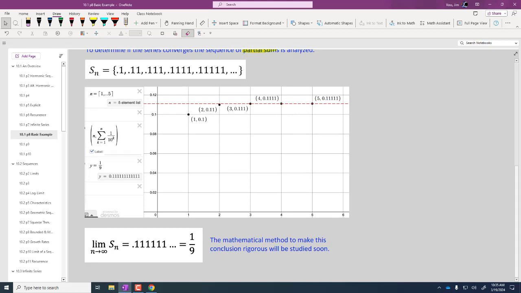This type of series is the most important type of series. It's called a geometric series. A geometric series is where you have a constant multiplier to get from one term to the next. Can you tell me what we would multiply that term by to get to that term?